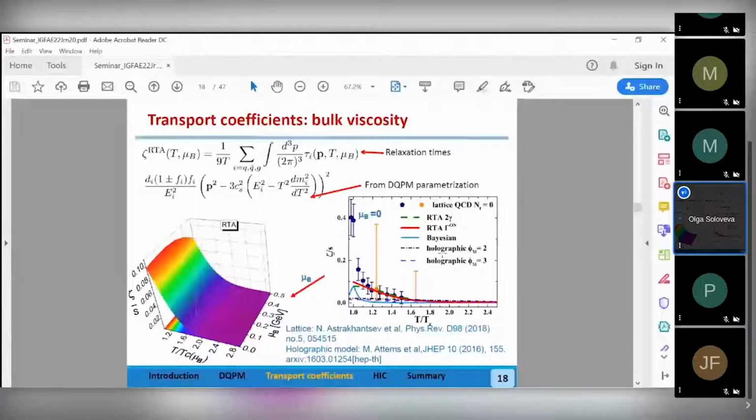But the main point here is that the maximum value of bulk viscosity over entropy density is around the phase transition, and it can play a sufficient role for transport and for hydro calculations. We have also considered the MIB dependence of this transport coefficient, and as you can see, it also has a very smooth MIB dependence.